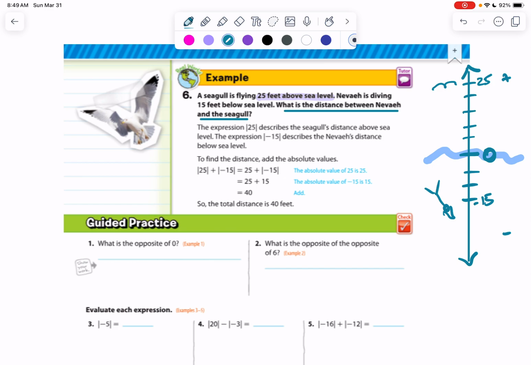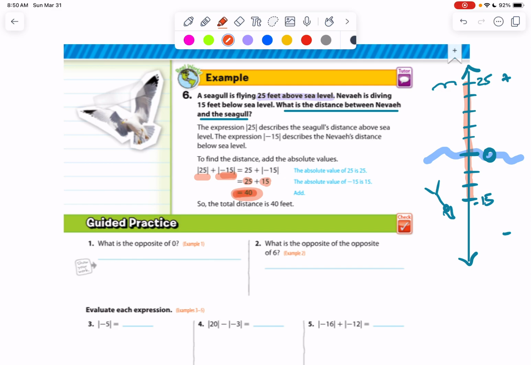So we need all of this distance, plus all of this distance. We write that as the absolute value of 25 plus the absolute value of -15. The absolute value of 25 is 25, absolute value of -15 is 15. When we add, we get 40. So the distance between the seagull and Nevaeh is 40. Is it in feet? Feet.